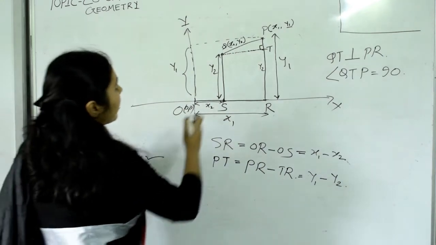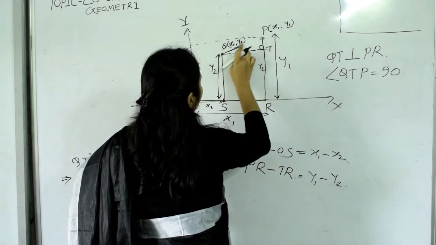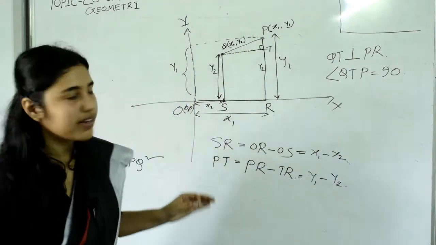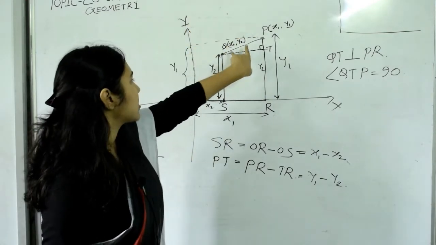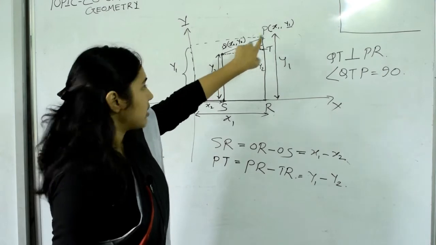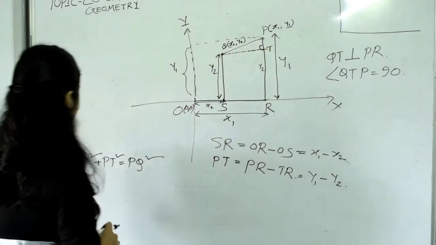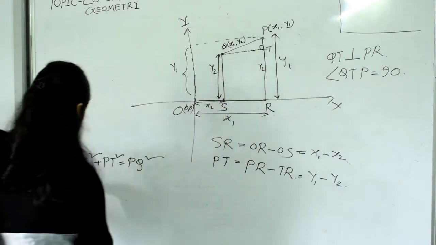Now, here our intention is to find the value of PQ, because this is the real distance between these 2 points, right? So our intention is to find the value of PQ.